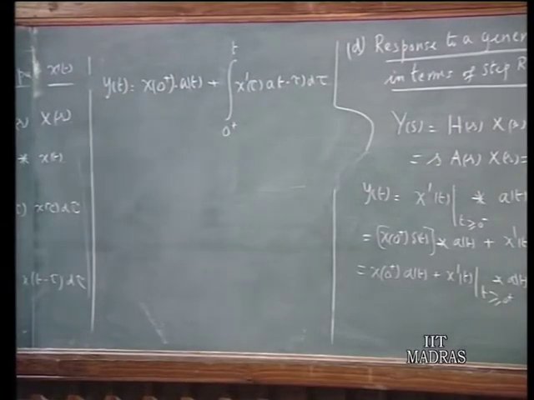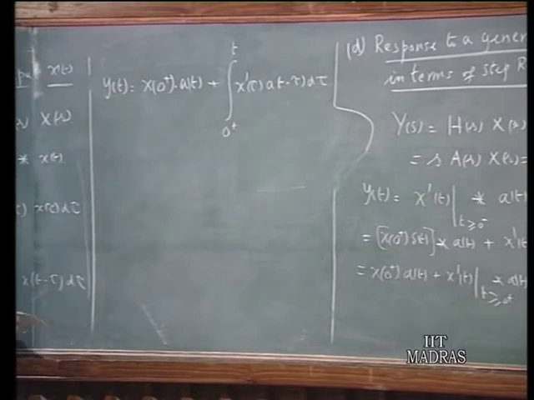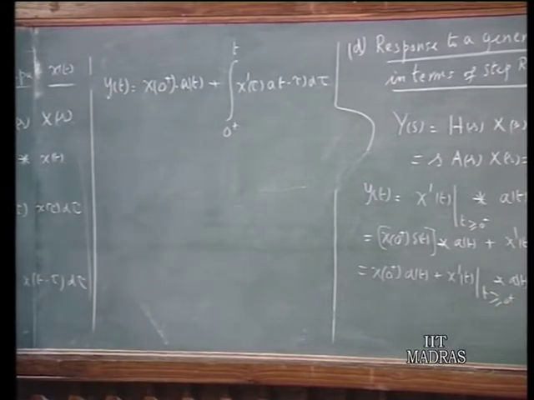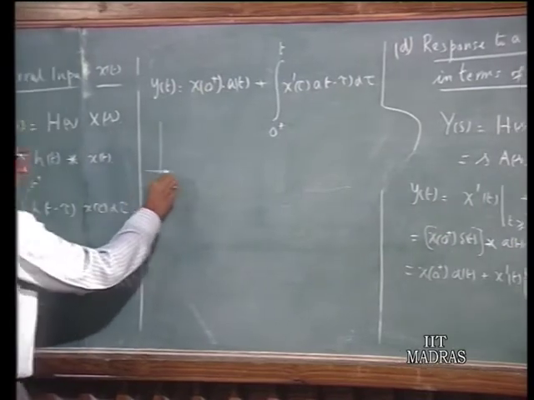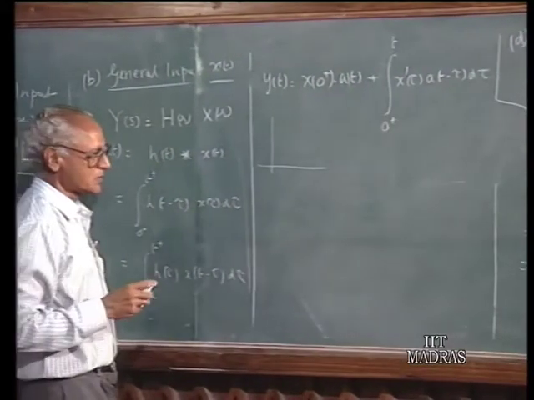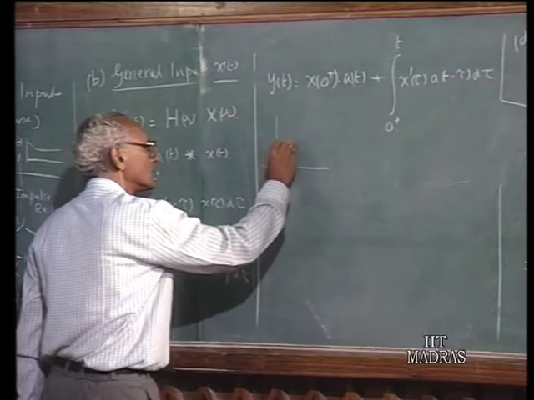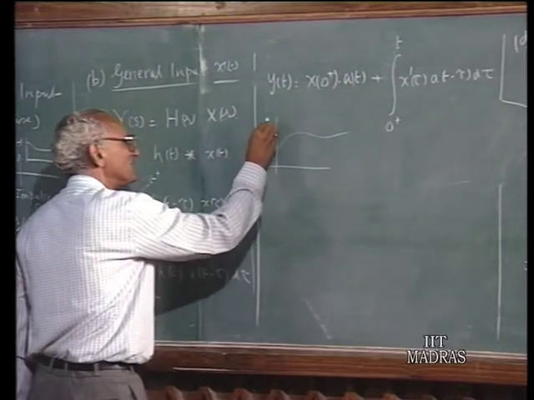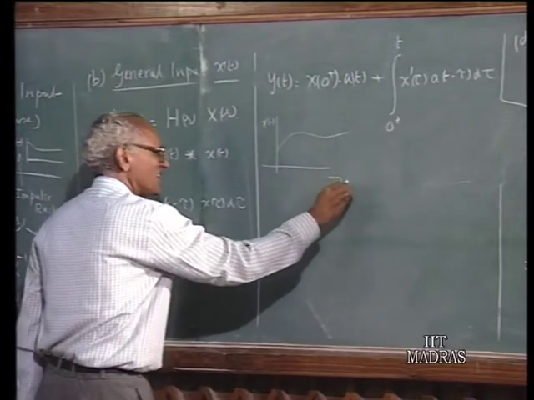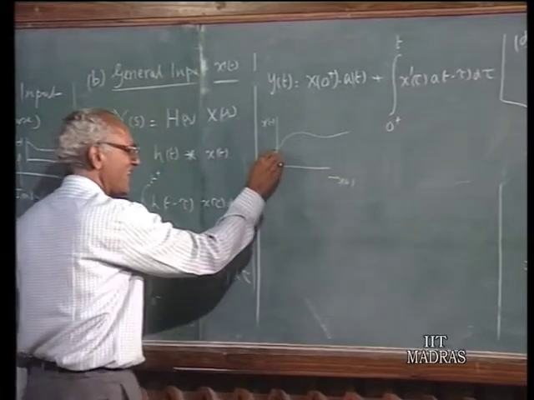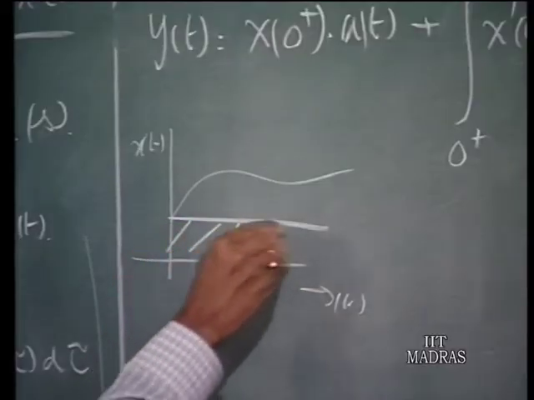Now one can also alternately, first of all before that, look at the physical meaning of that. I will just briefly outline without spending too much time on that. Suppose this is x of t. You can think of this x of t as a step function to start with.